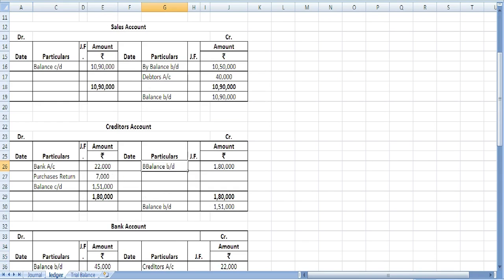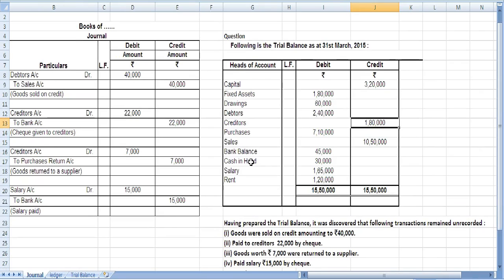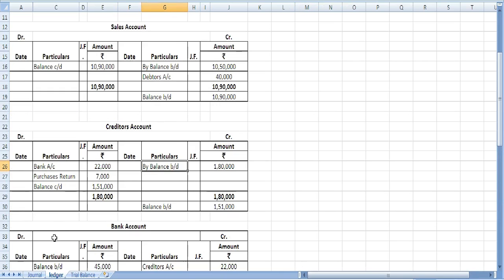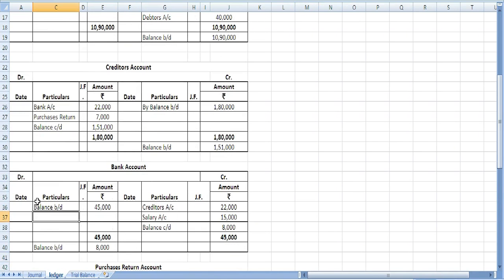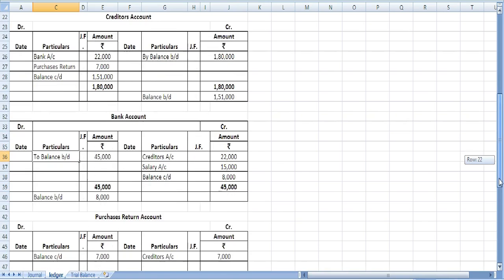If you don't write by, it is okay, it should be on the correct side. Then we have bank. Let us check how much is bank. Bank balance is on the debit side, 45,000. Then we have purchase return.